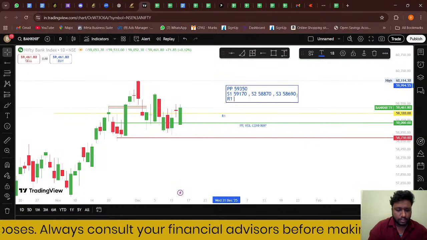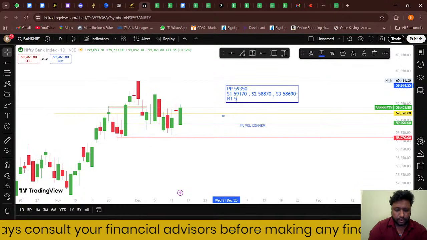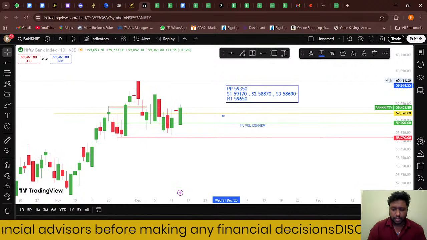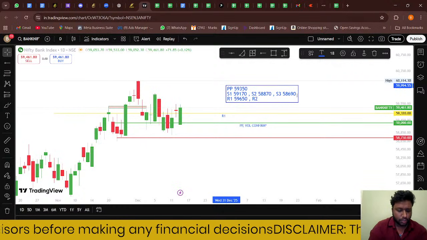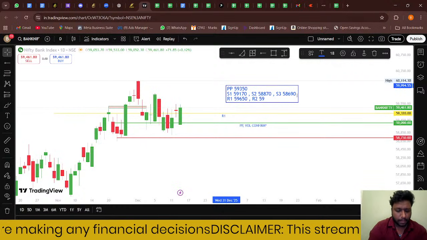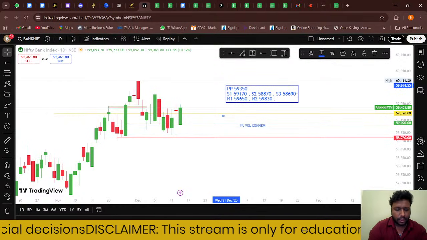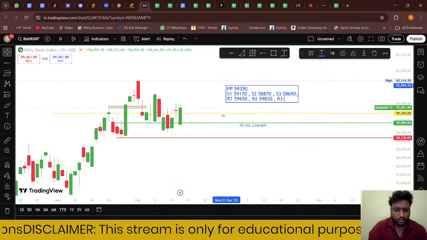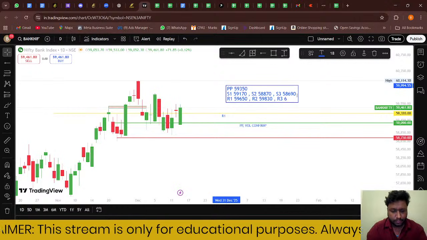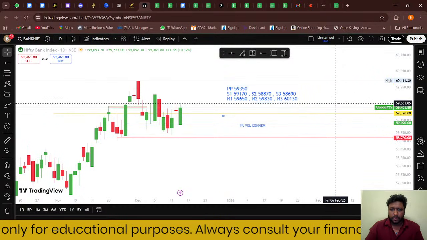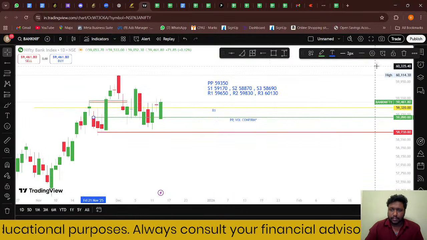First resistance lies at 59,650, resistance 2 is at 59,830, and resistance 3 is at 60,130. So these are the levels with respect to Bank Nifty.